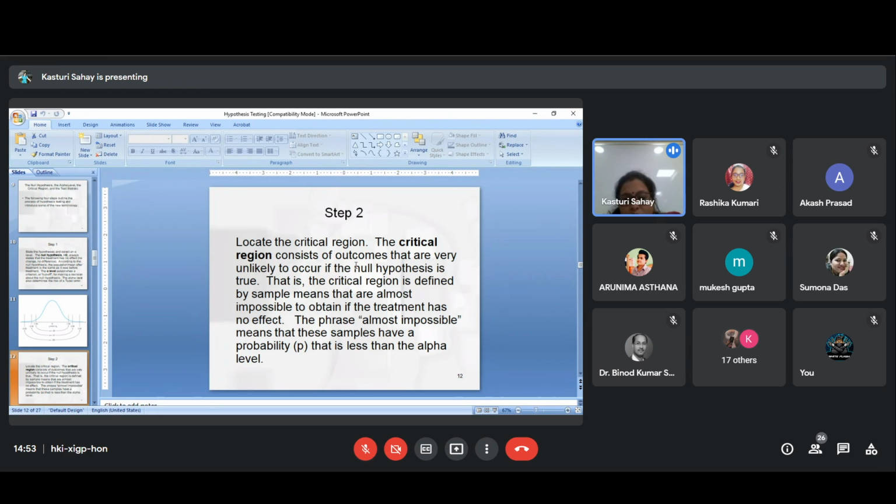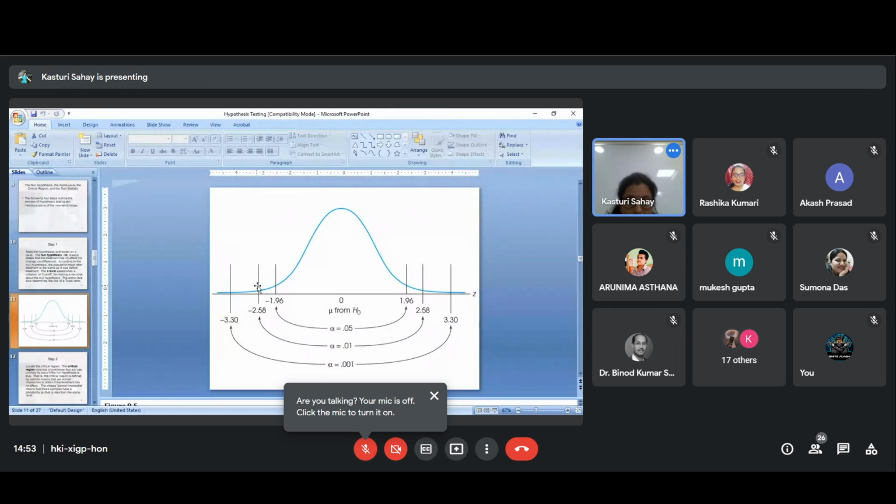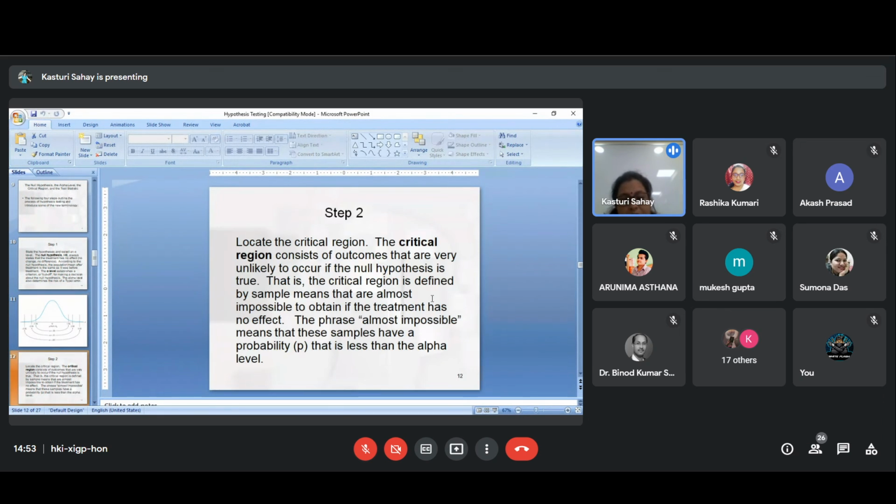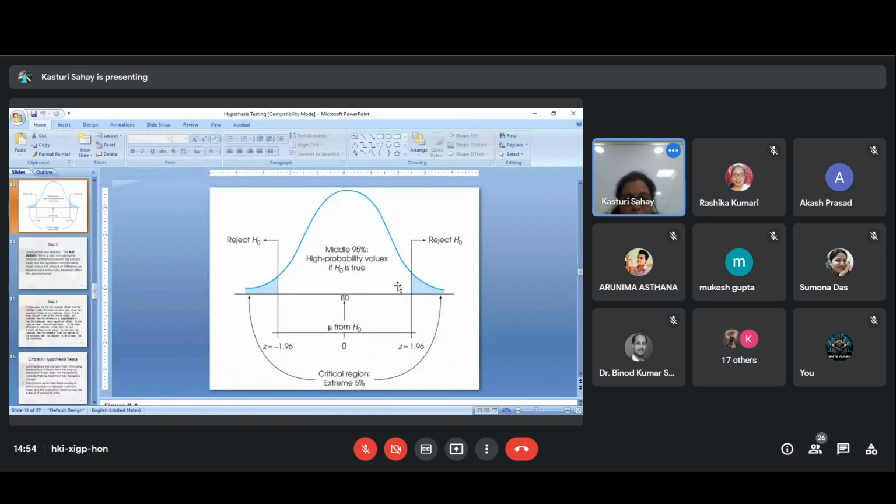The phrase almost impossible means that these samples have a probability that is less than the alpha level. So, the critical region is actually this part. 1.96, the part to the left of this and the part to the right of this. So this is your critical region. That is the values where you will be rejecting your H naught.